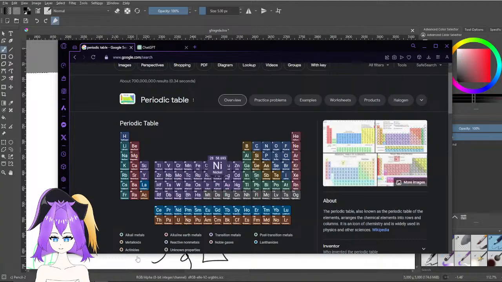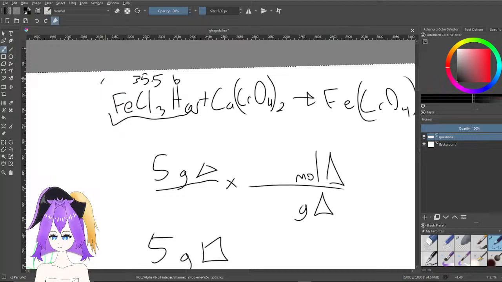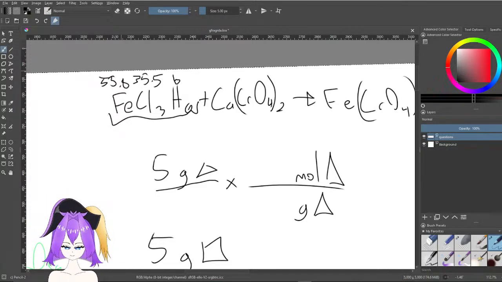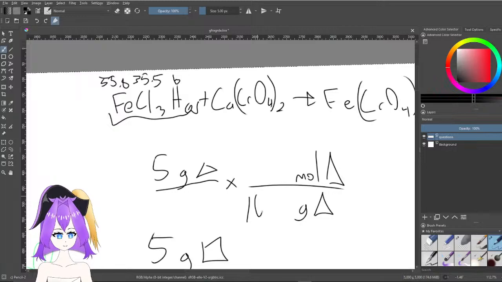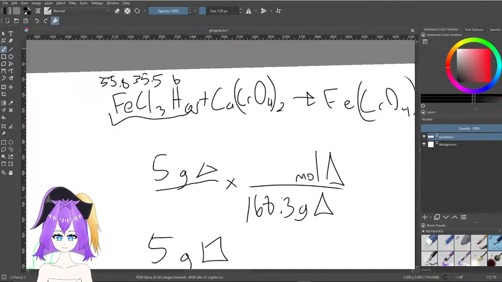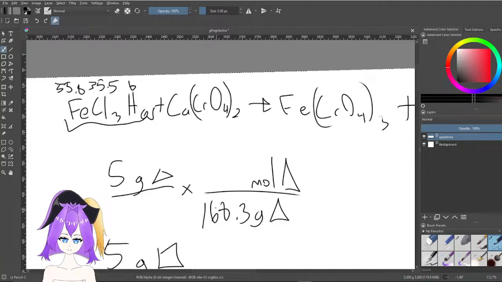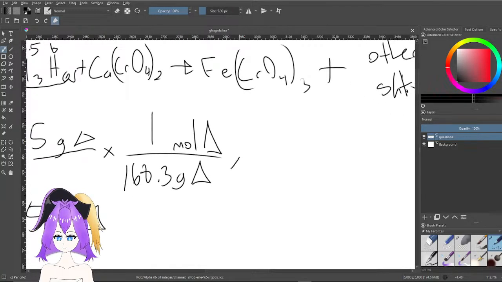Where is it? Fe. Am I being dumb? Okay, it is 55.8. So 55.8 plus 35.5 times 3 plus 6 gives me 168.3. Okay, so 168.3 grams to moles.